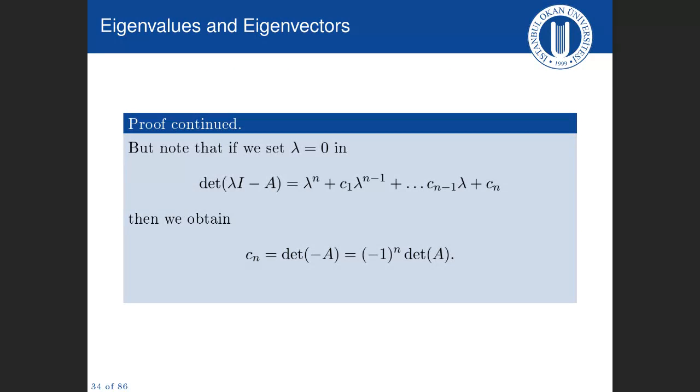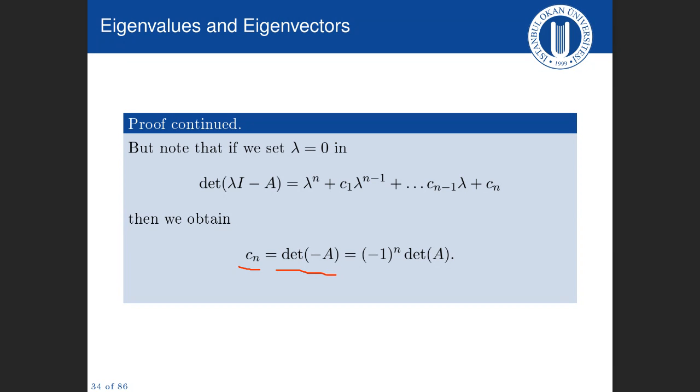But note that if we take the characteristic polynomial and put in lambda equal to 0, then on the left side we just get the determinant of minus A, and on the right side we get Cn.